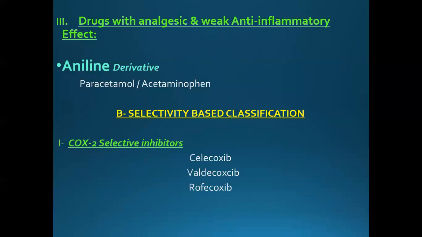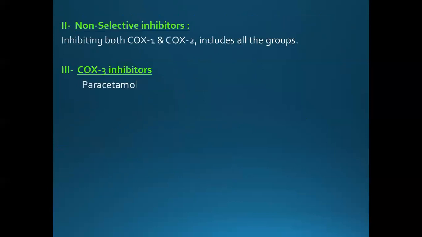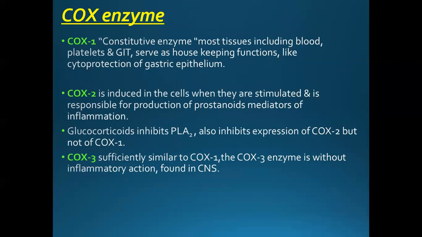These drugs are commonly being used nowadays, like COX-2 selective inhibitors: celecoxib, valdecoxib, and rofecoxib. These are the newer drugs. Non-selective inhibitors, as we mentioned, inhibit both COX-1 and COX-2 and include all the groups of the drugs. COX-3 inhibitor is paracetamol. Mainly, this is the only drug that inhibits COX-3.